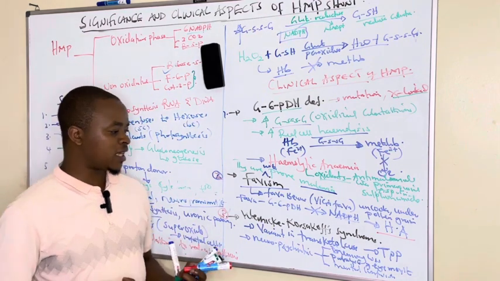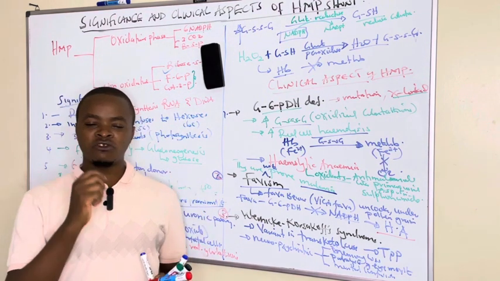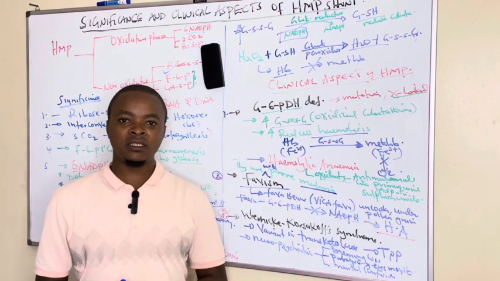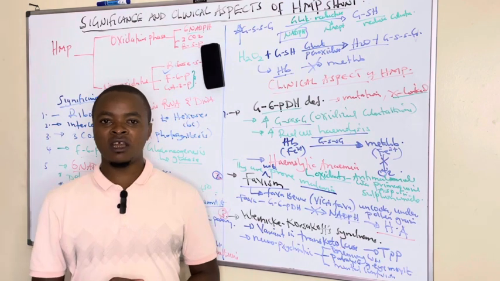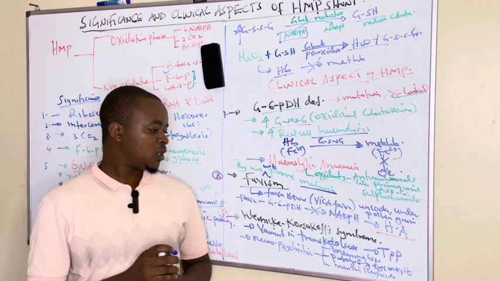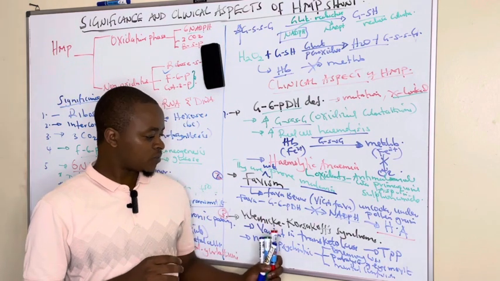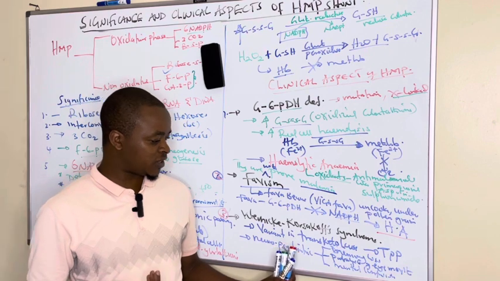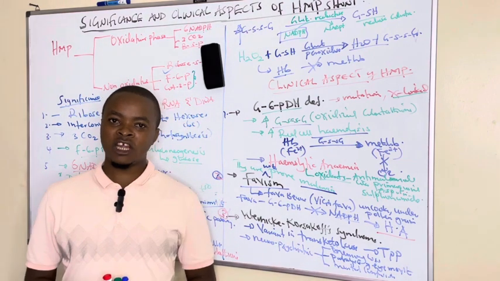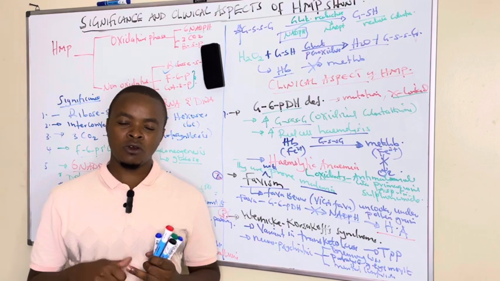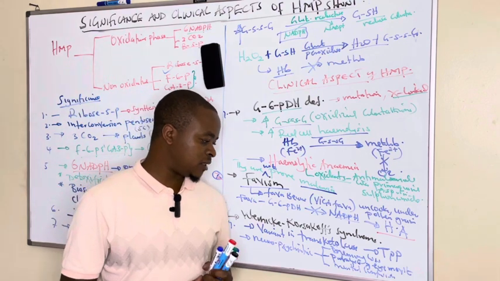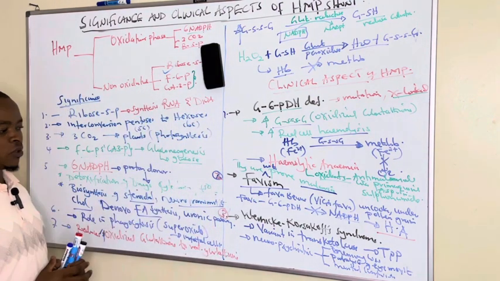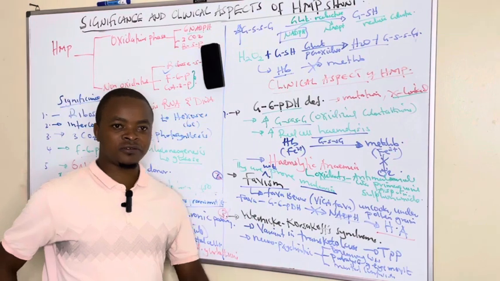So that is what we call Wernicke-Korsakoff's, due to variation in the transketolase enzyme failing to bind to thiamine pyrophosphate, which is able to transfer the 2-carbon unit from ketose sugar to aldose sugar. Whenever that happens, we see accumulation of these sugars in the brain, leading to neuropsychiatric problems like memory loss, depression, paralysis of eye movement, and mental confusion, and sometimes it can result into death. That is what we call Wernicke-Korsakoff's syndrome.